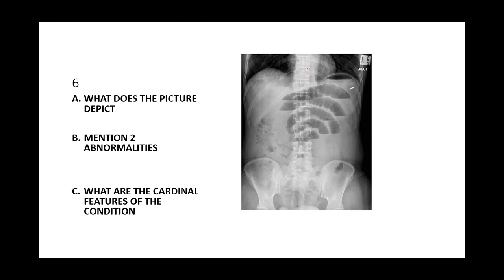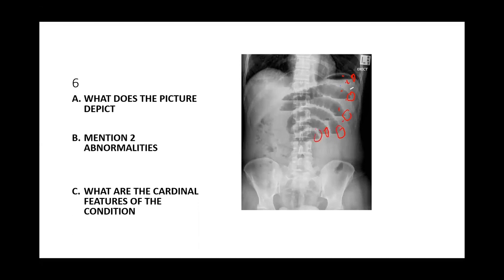When there are more than 3, you call it multiple. This one, you can see this is 1, this air, this fluid. This 2, there is air and fluid. This 3, air, fluid. 4, 5, 6.